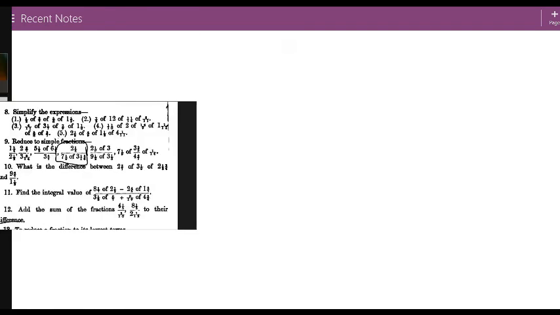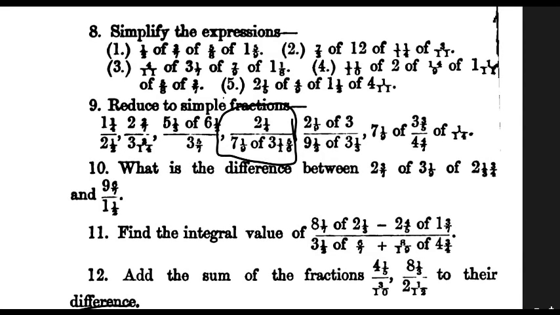Okay, so next one. Okay. What is the difference between 2 3/7 of 3 1/9 of 2 13/34 and 9 6/7 over 1 1/2? So since there's only one problem, I'm not going to do it for you, but I will tell you what to do.